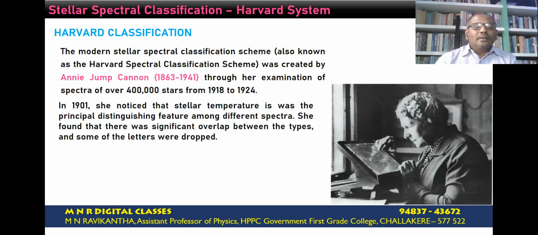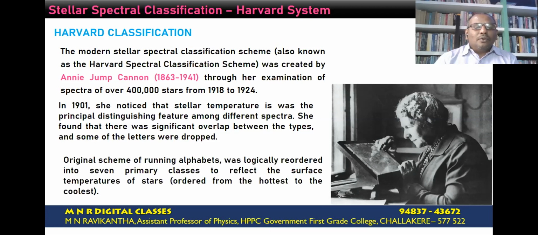She found that there was significant overlap between the types and some letters were to be dropped. The original scheme of running alphabets was logically reordered. The Pickering classification, which runs in alphabetical order from A to N, was discarded, and these alphabetical arrangements of the stars were logically reordered into 7 primary classes to reflect the surface temperature of the stars rather than the absorption lines in the hydrogen spectrum.